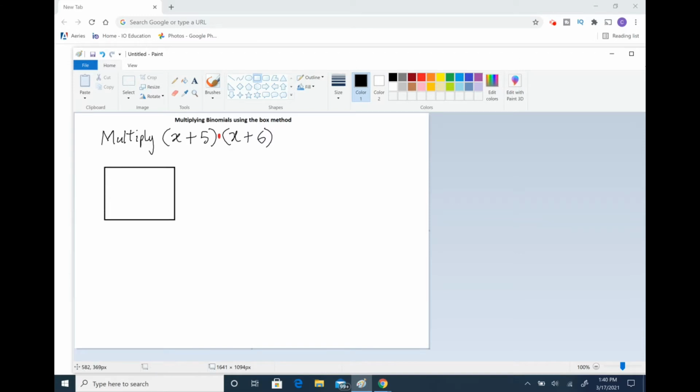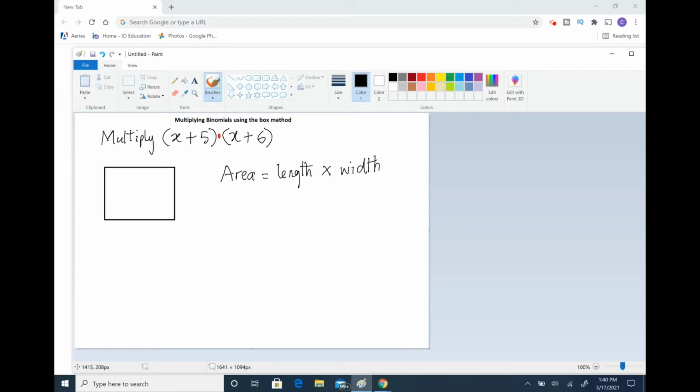To be able to multiply a binomial, you're going to take advantage of the formula for area. What is the area of a rectangle? It's length times width.